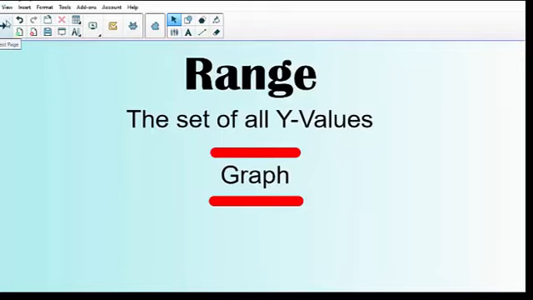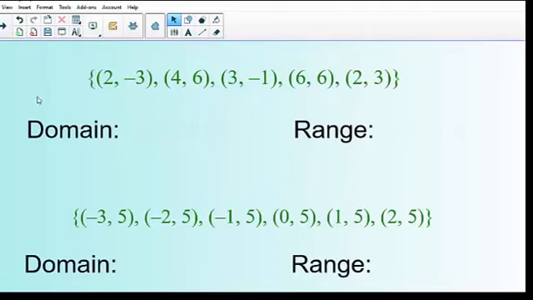So now that we know what domain and range are, we're going to look at how to find the domain and range when we're looking at a set of ordered pairs. For this first example, we're given the ordered pairs (2, -3), (4, 6), (3, -1), (6, 6), and (2, 3). Domain is the set of all x values, so I'm going to go through and highlight all of my x values.